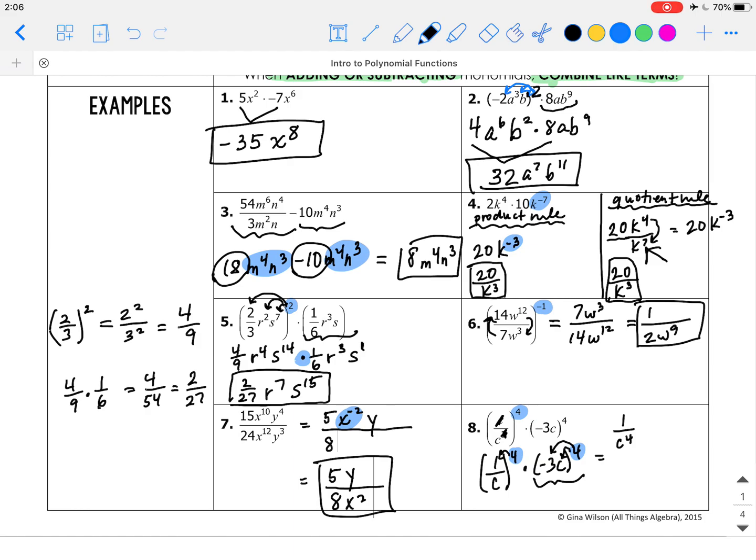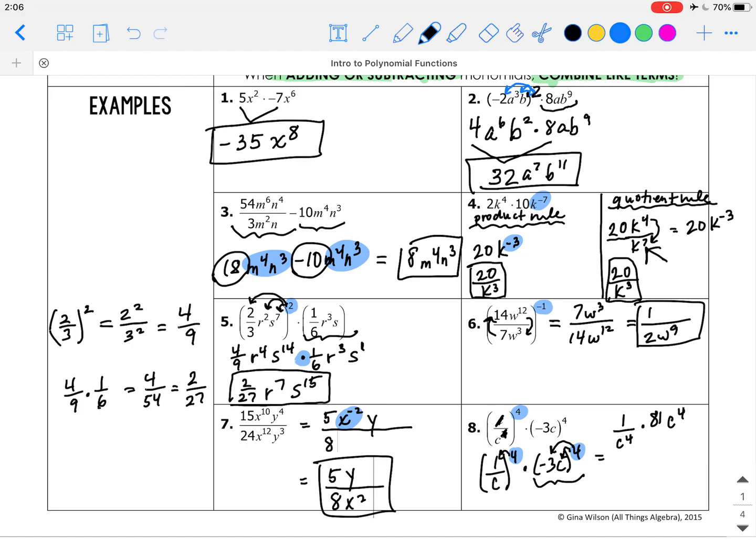And be careful, when you put negative 3 to the 4th in your calculator, you need to put negative 3 in parentheses, or sometimes it gives you the correct sign, sometimes it does not, okay? So just be very, very careful. So we will have, let's see, negative 3 to the 4th, that will be 81. And we will have c to the 4th.